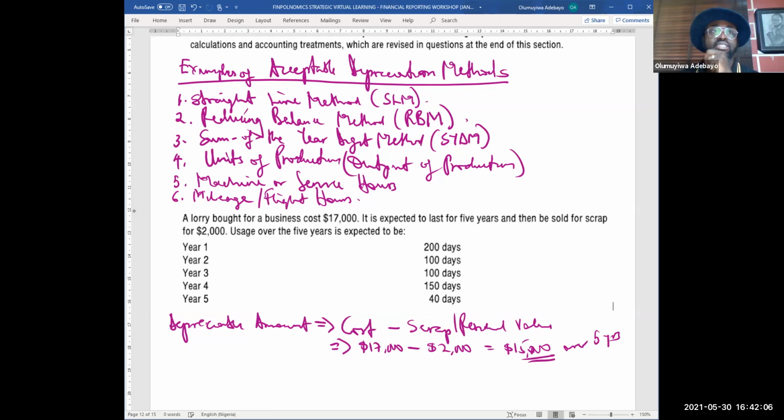And in doing this, you can adopt any of these methods, provided you have the available information.